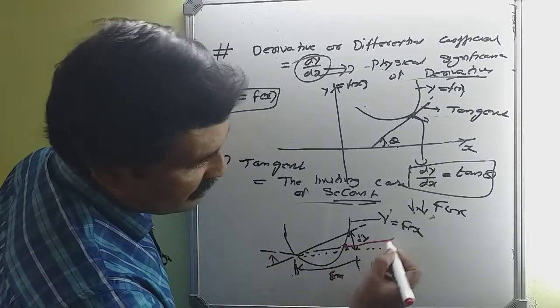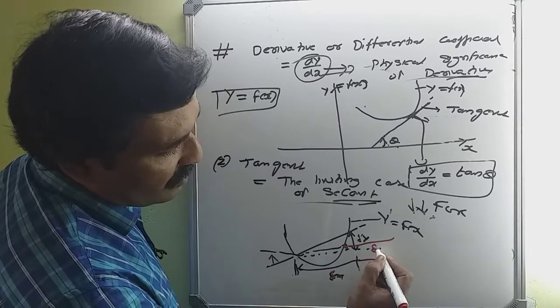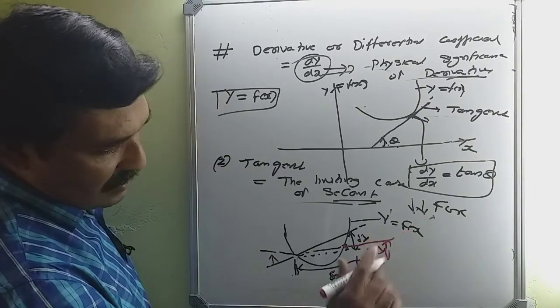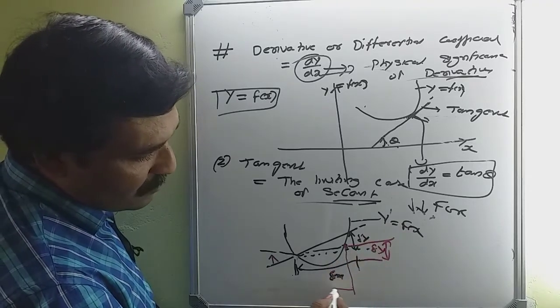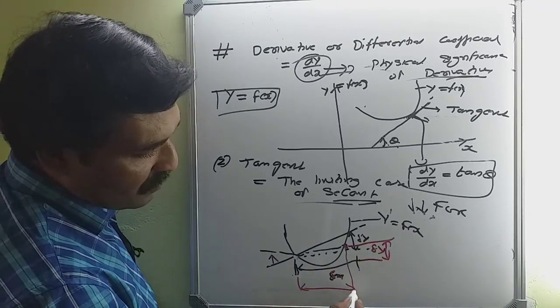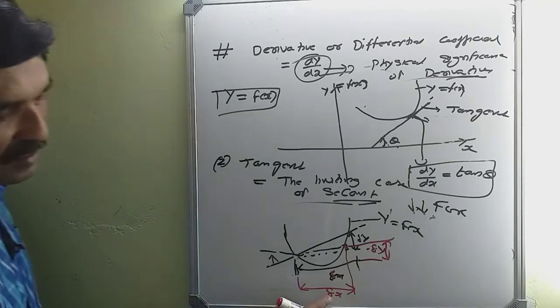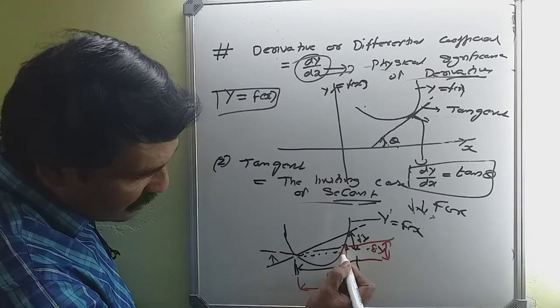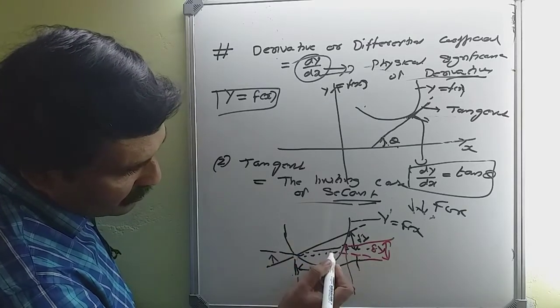Then what is the difference in height? This is the del y, and the corresponding del x is this. Del y is decreasing, and del x is also decreasing. Then again pushing from this point, it will reach this point.